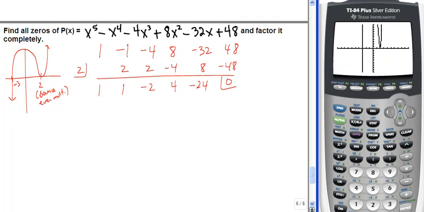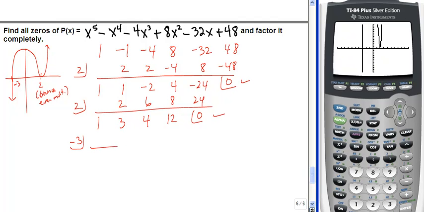We know that it has an even multiplicity, so it's got to go in again, so let's try it again. 1, 2, 3, 6, 4, 8, 12, 24, 0. So that looks good. Let's try our negative 3 next. So I have 1, negative 3, 0, 0, 4, negative 12, 0.